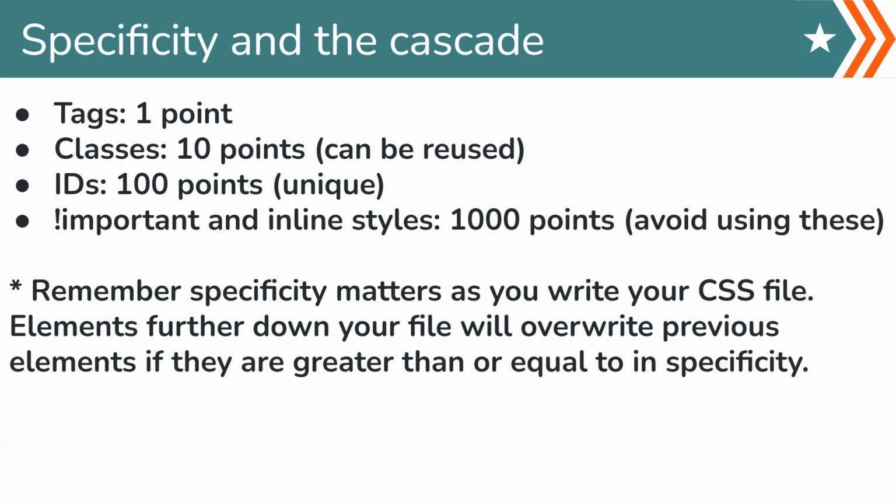So typically, you want to start at the lowest level of specificity and then make your way up. So why do we start at classes if tags are the lowest level? Well, because tags will override all tags, right? It'll change the styling for all tags. So the next best option is classes. So typically, when you make a tag and you start giving classes out, that's where you're going to start off.